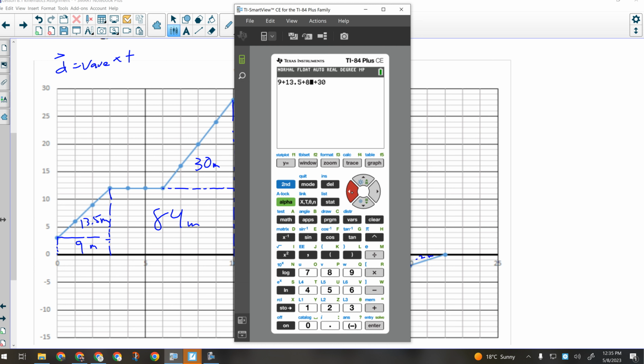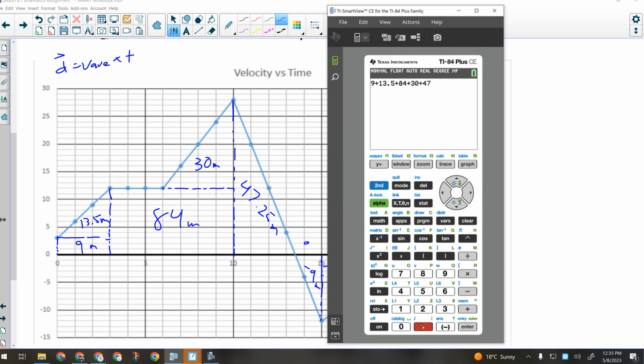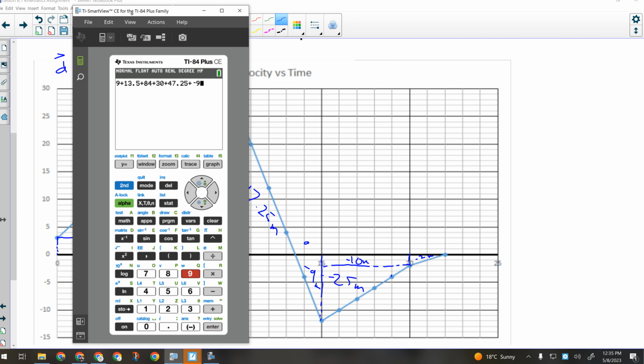That's not 84, that's 81. 30 plus 47.25 plus negative 9 plus negative 25 plus negative 10 plus negative 2. Okay, I'm getting an overall displacement of positive 137.75 meters.